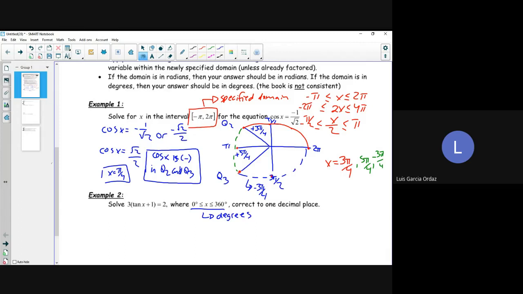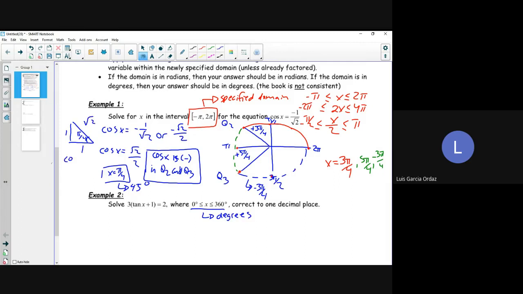And so when cos of x is positive root 2 over 2, it is with the angle of pi over 4. In this case, it is 45 degrees. And we just use our special triangles to figure that out. So this is pi over 4. We have 1, 1, and root 2.